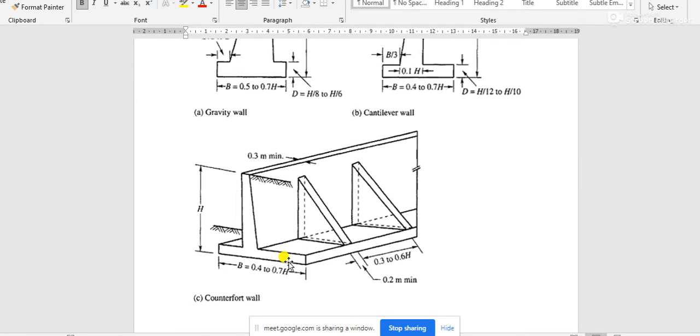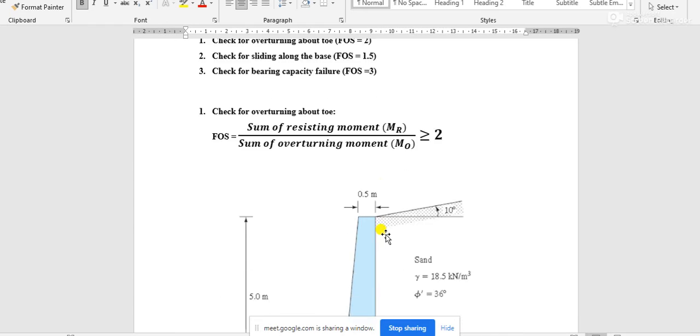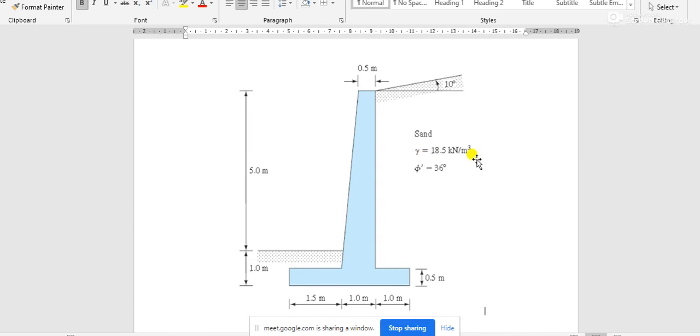A multiplied by L, that is the volume of the retaining wall, and volume multiplied by unit weight of the material. There are two types of material. One is the retaining wall, that may be constructed with concrete, PCC or RCC maybe, and one is soil, and the unit weight of the soil is given.